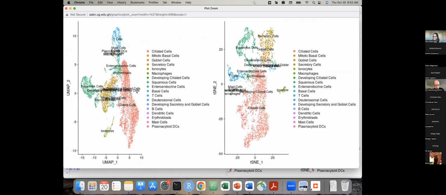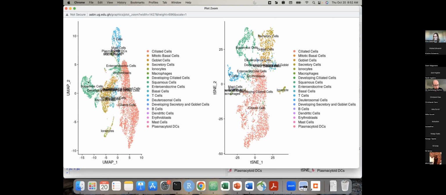So here's the UMAP on the left and the t-SNE on the right. What you can see is that the embeddings, how the cells are ordered in this two-dimensional plane, are pretty different. In the UMAP, even qualitatively, things look a little more distinct and more compact within these clusters. The ciliated cells are taking up less space.